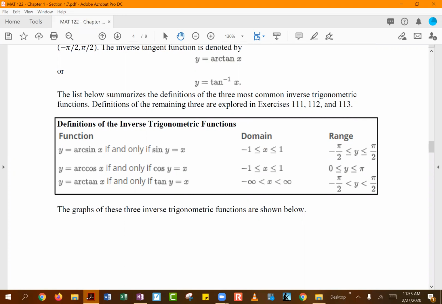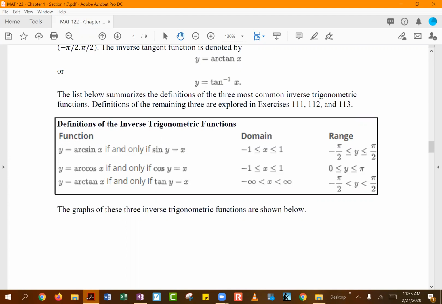Look at the domain for your arcsine function. We know it's going to stay between -1 and +1. Actually, the same thing for the arc cosine function, because again, remember the range of the original cosine function is from -1 to +1. But look at this guy, arctangent. Because remember those arms for your tangent functions go to positive and negative infinity on the range, right?